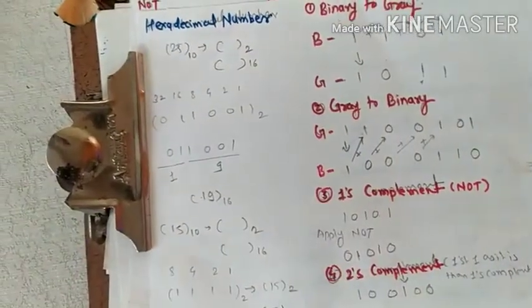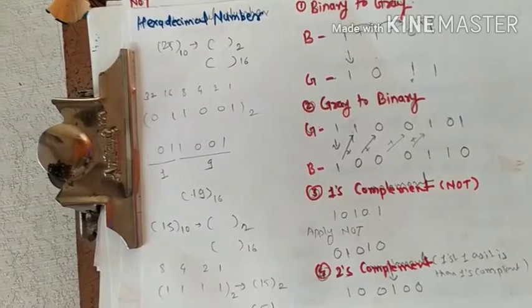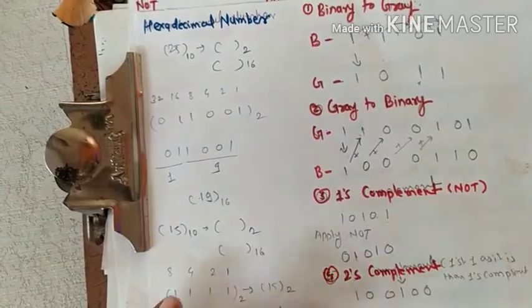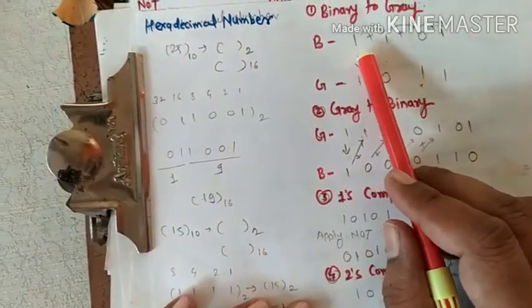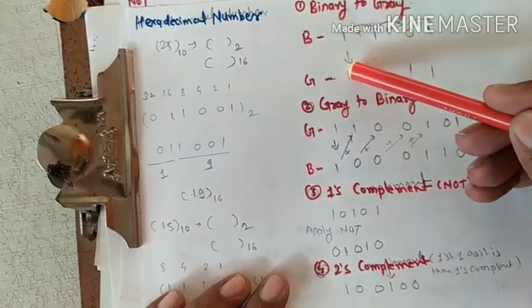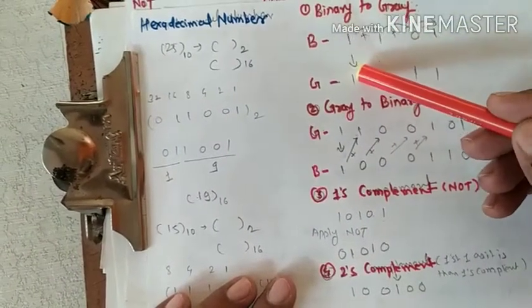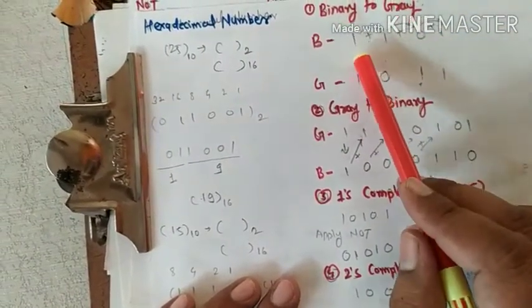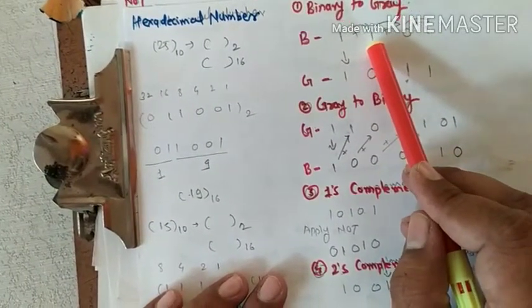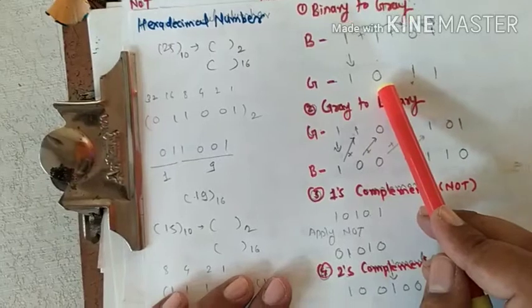Now understand how to convert binary code into gray code and gray code to binary. See here, this is the number 1101. We take the first number as it is, down: 1 to 1. Then the first bit is added with the next bit, and the addition of these two numbers we write downward.